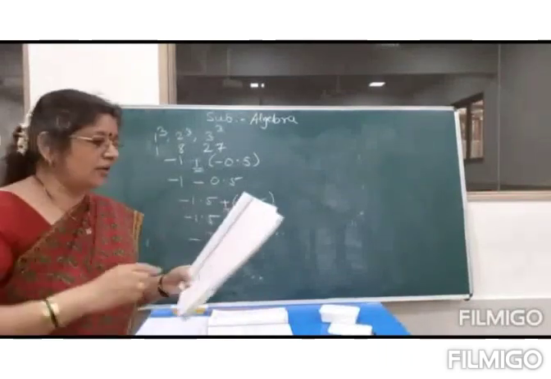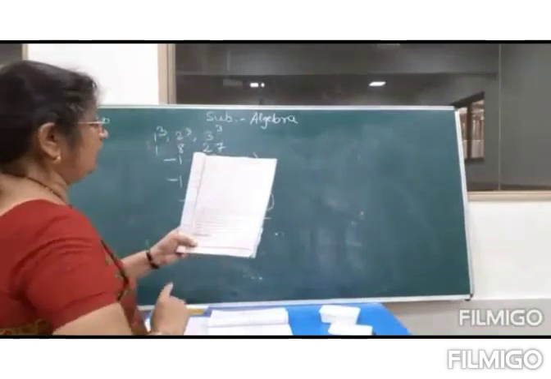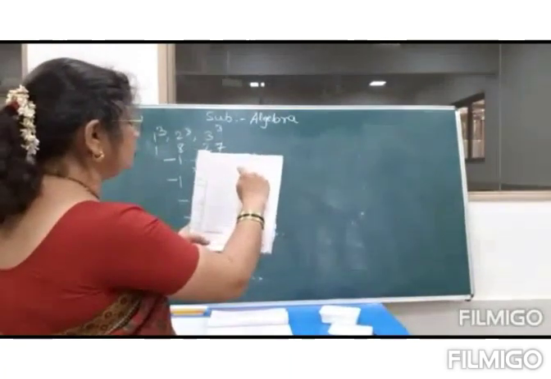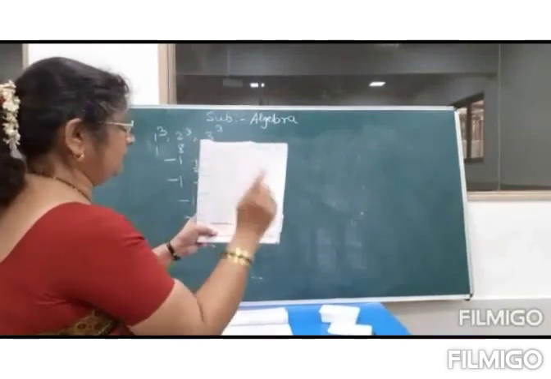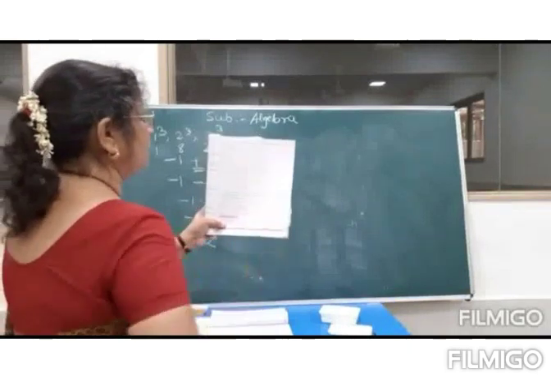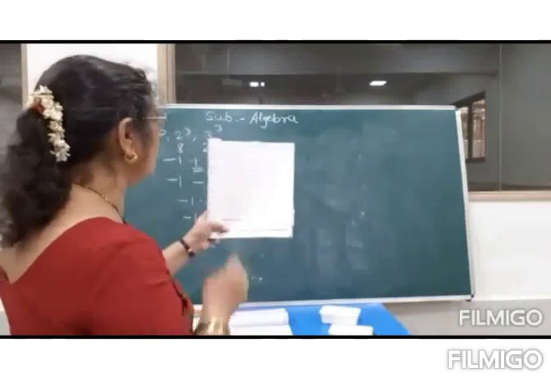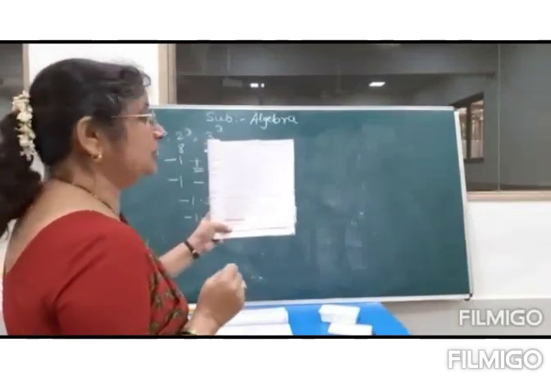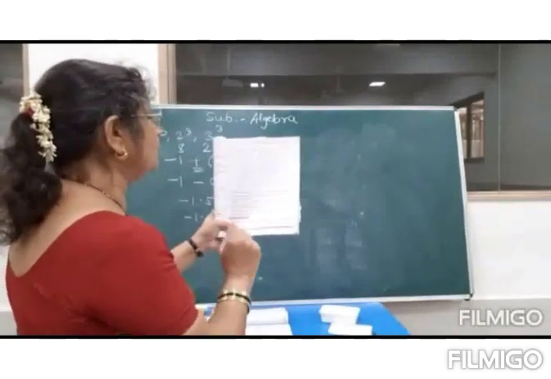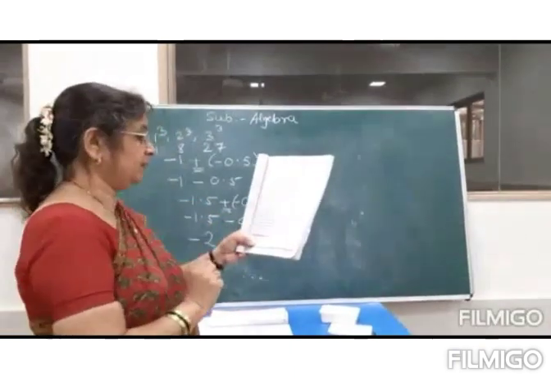But in these 6 examples which we have seen, if you see the sequences like 1, 2, 3 and 5, the similarity is that the next term is obtained by adding a particular number to the previous number. So each of these sequences is called an arithmetic progression.